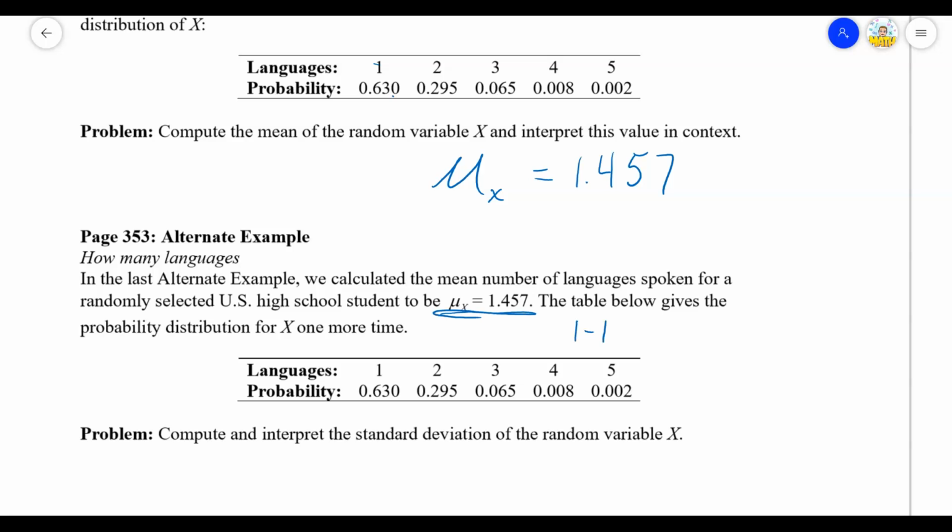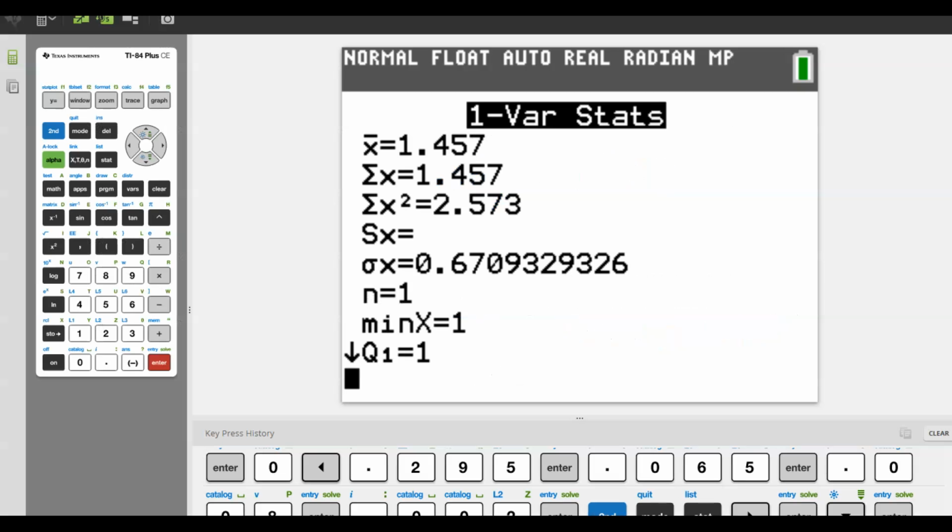So we'd have 1 minus 1.457, square that, and multiply it by 0.63. And then we add that to the next one, 2 minus 1.457 squared times 0.295, and so on. Now that could take a while, or we just look at our calculator if we have the two lists like that, and we have 0.67 right there.